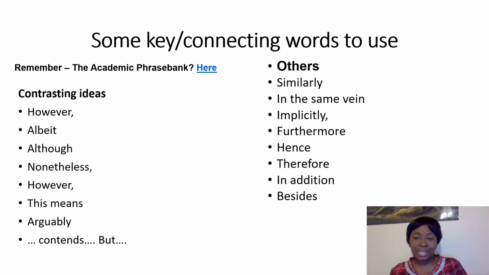If you are trying to connect ideas, maybe 2 different authors think about a particular issue in similar ways, you could say similarly, in the same vein, furthermore, in addition to, additionally, therefore, hence. Just ensure that you use the right word for the right idea you're putting forward.